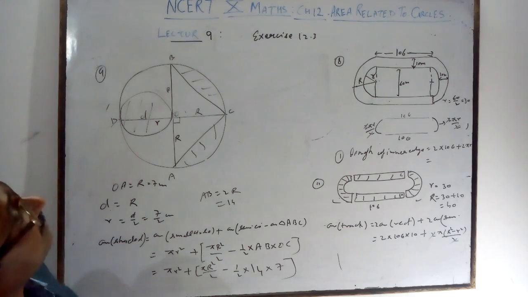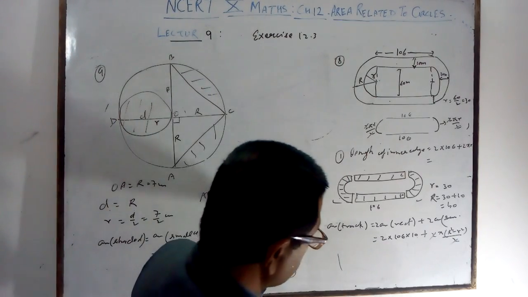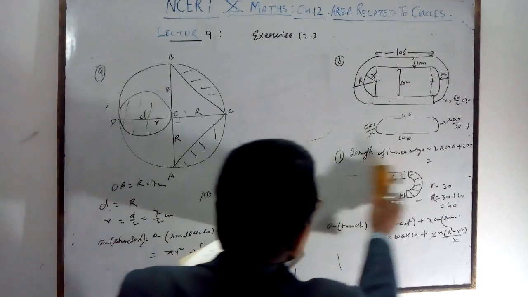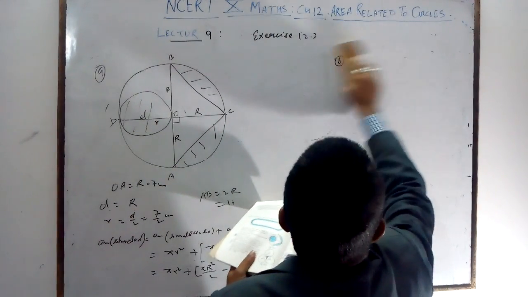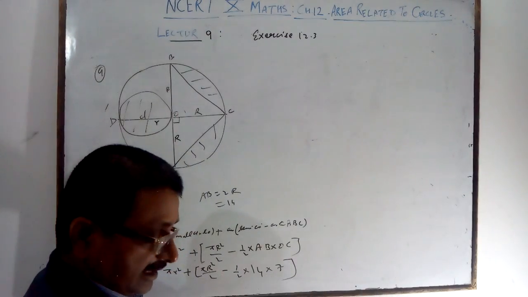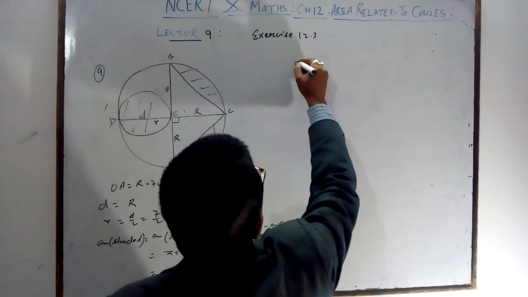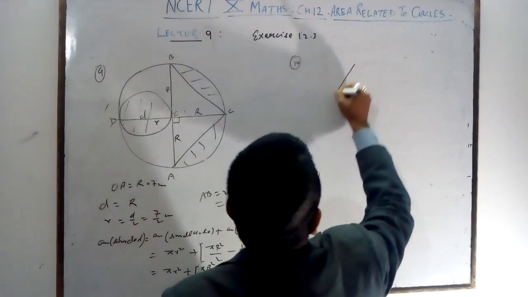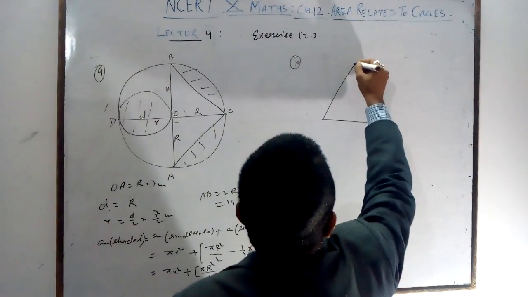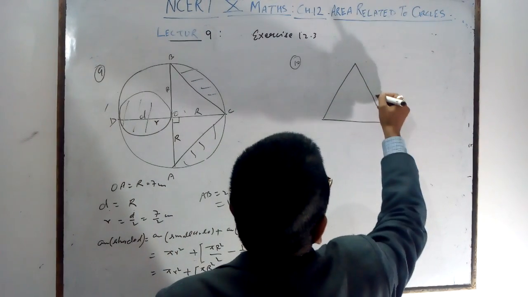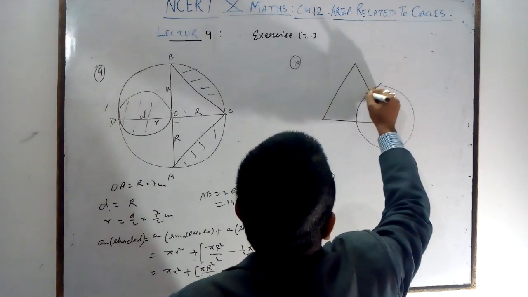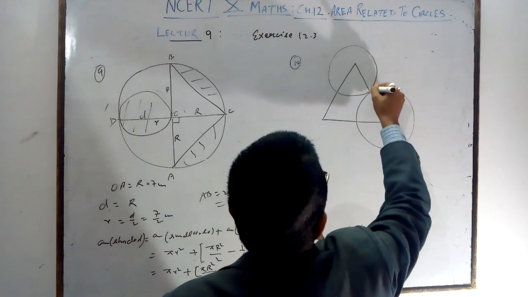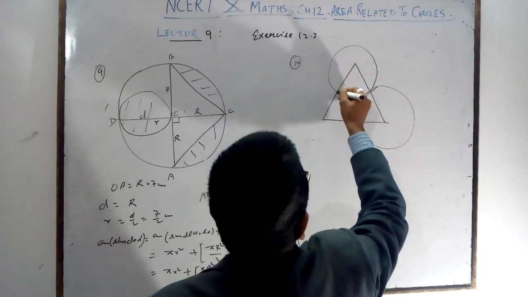Question number 10. Question number 10 is here. What is question number 10? There is an equilateral triangle given, and each side of the equilateral triangle has a diameter. Some circles are drawn.